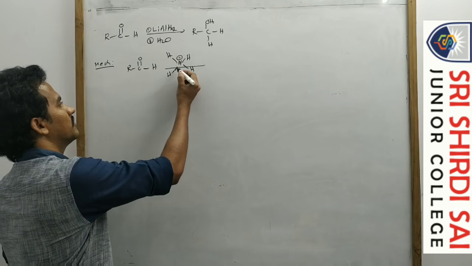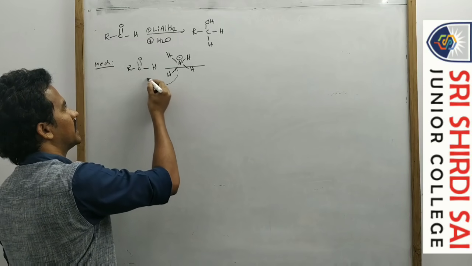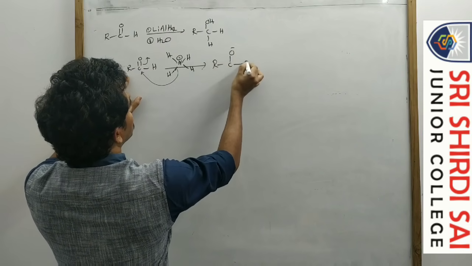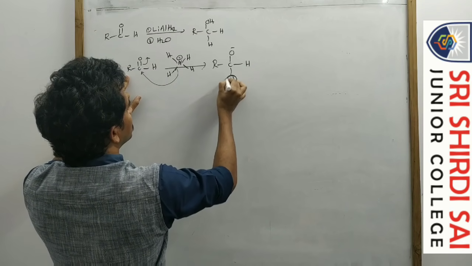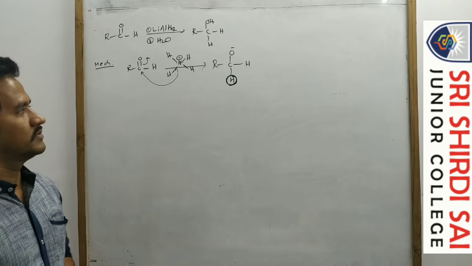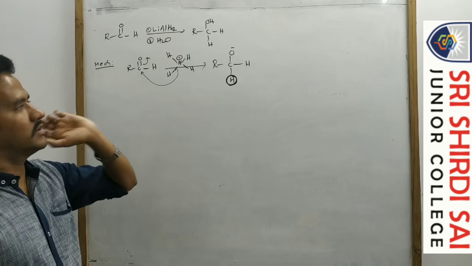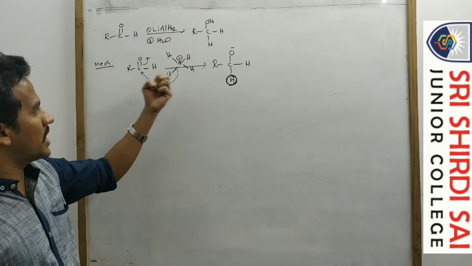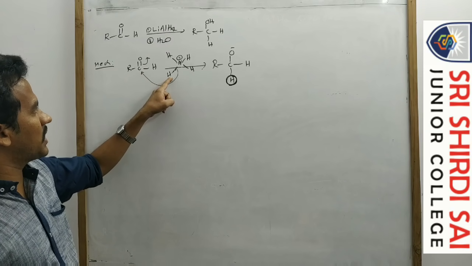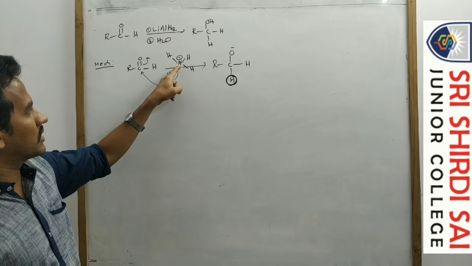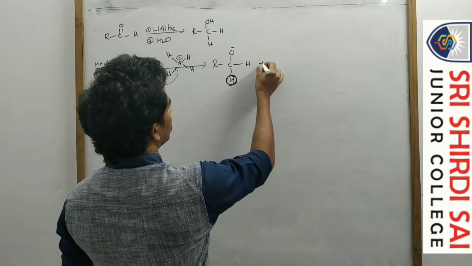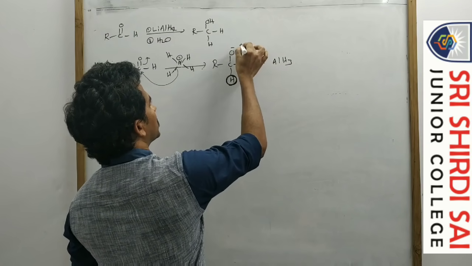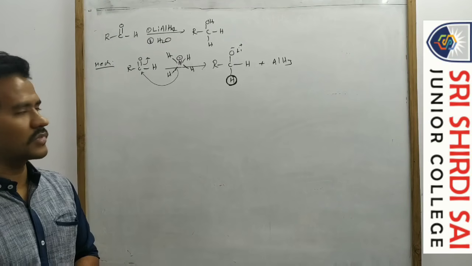This hydrogen with a pair of electrons attacks this carbon, giving RCH2O minus. This hydrogen is from the lithium aluminum hydride. By breaking of the aluminum-hydrogen bond, this hydrogen attacks this carbon with a pair of electrons. Then aluminum is converted into AlH3, and the remaining Li plus is coordinated with O minus.